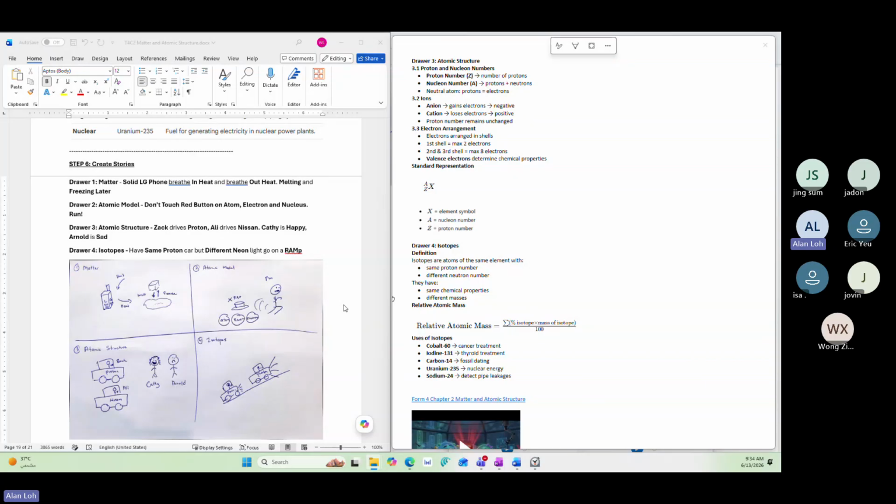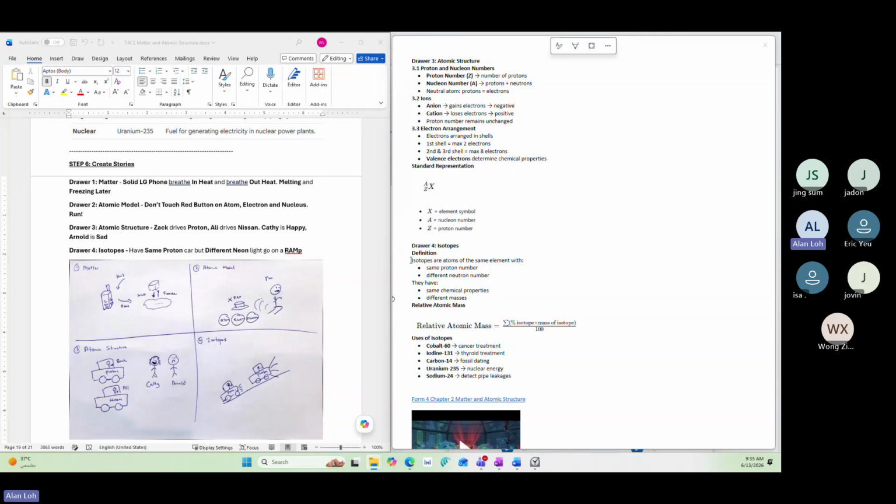The two protons were racing, and then the proton car suddenly became Nissan, and then this girl was happy, and either his boyfriend or the boy is sad, right? So this gives you some information that you'll be able to explain to whoever asks you this question. Tell me what do you know about atomic structure.